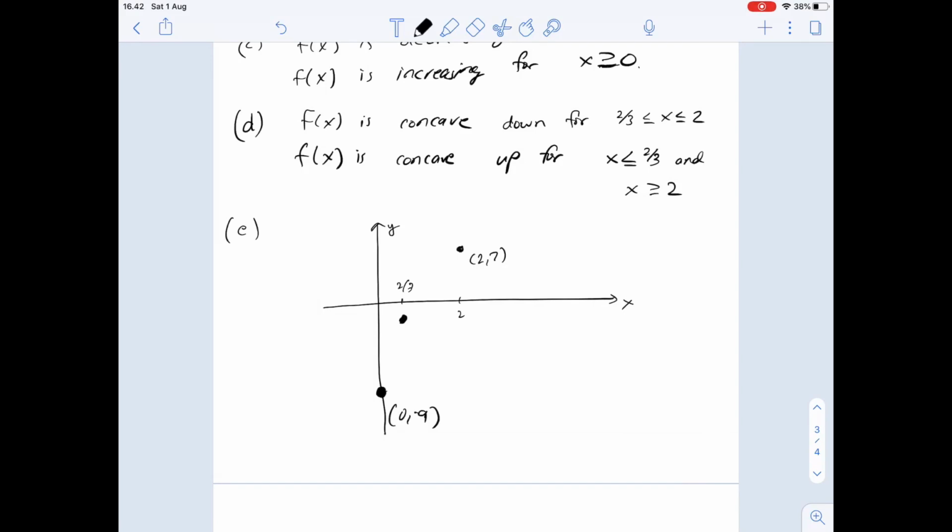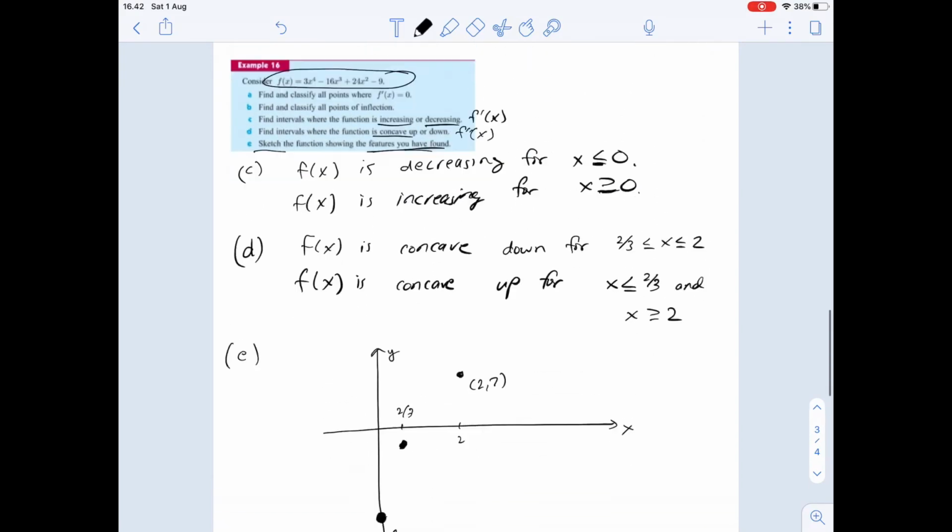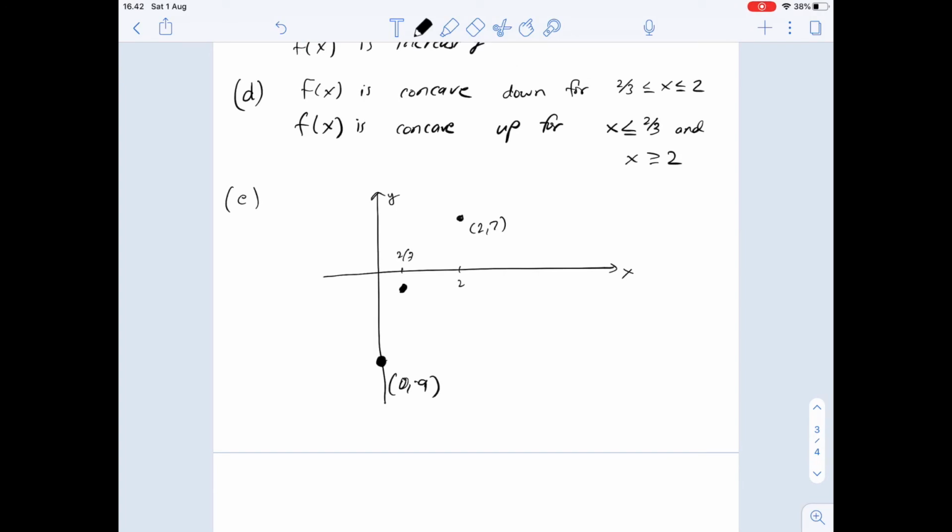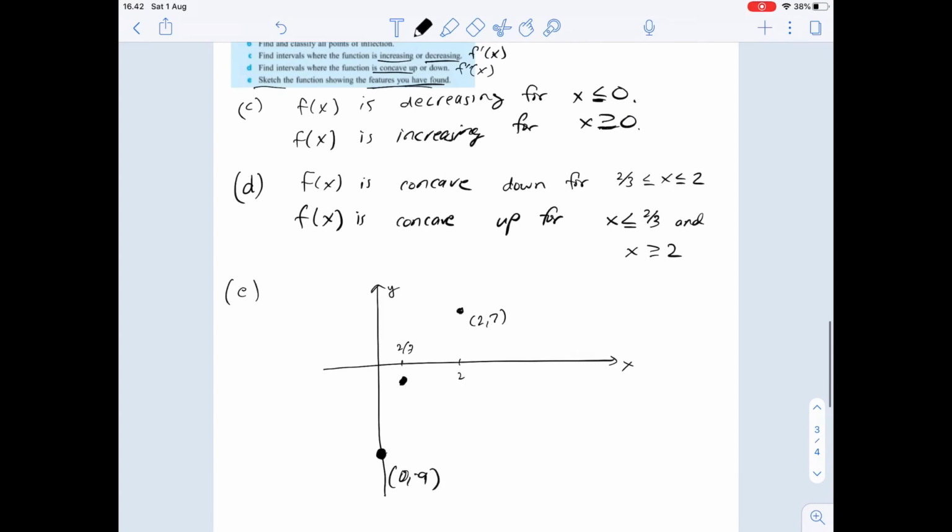Okay, now here's where it gets a little bit tricky. We know that (0, -9) is a local min. So we know the shape of this graph, we know where it's increasing. It's decreasing for everything less than 0. So we know it's coming from somewhere over here, and we know that it's increasing for x greater than 0.